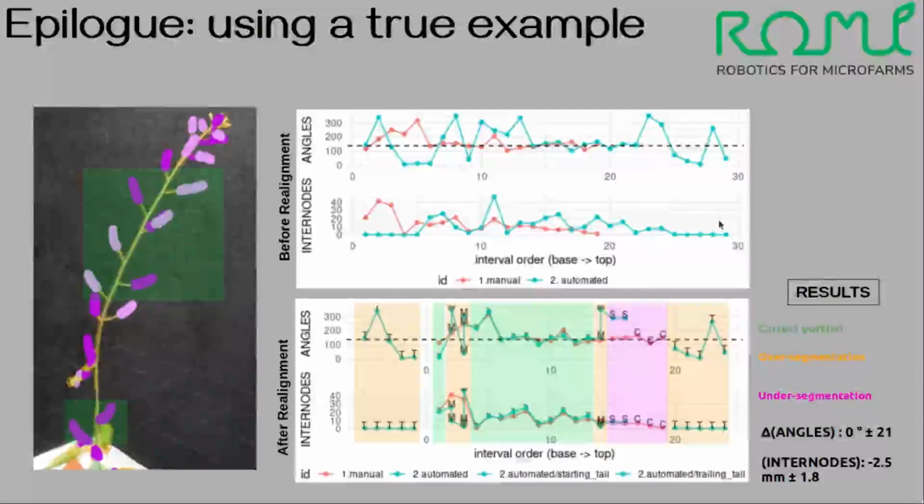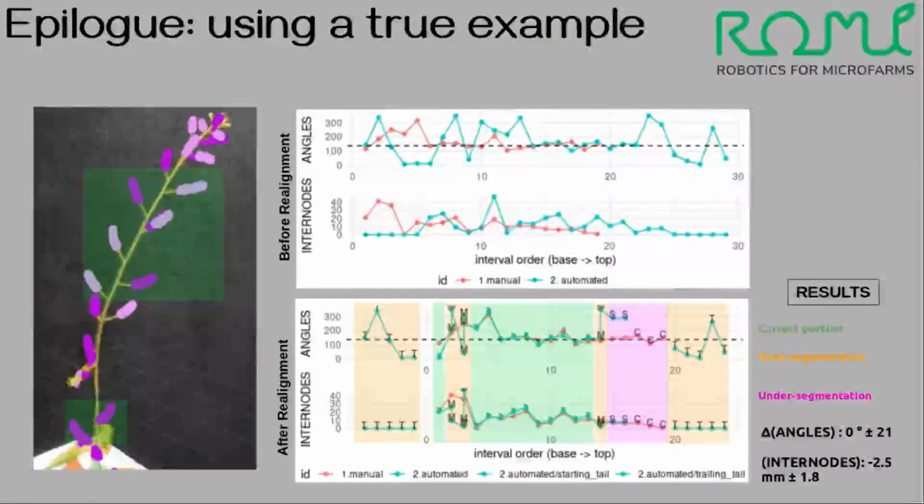So you can automate the analysis of your results in terms of segmentation and precision. For the correctly matched part, you can compute the precision of your automated measurement in terms of angle or internode length compared to your manual or standard ground truth reference method.